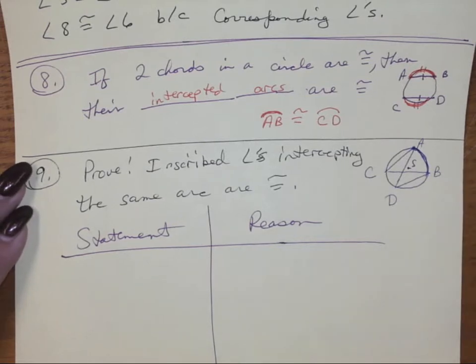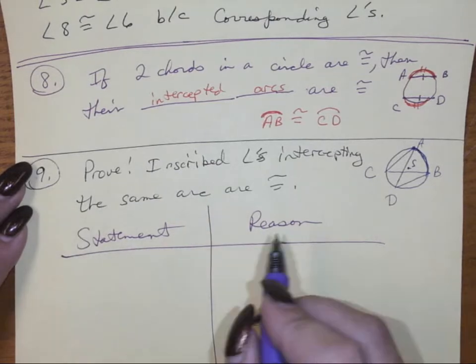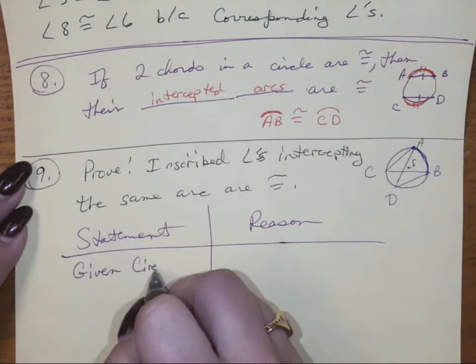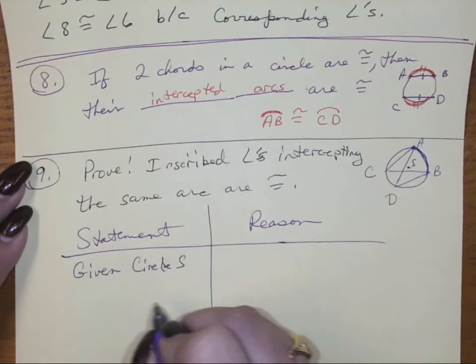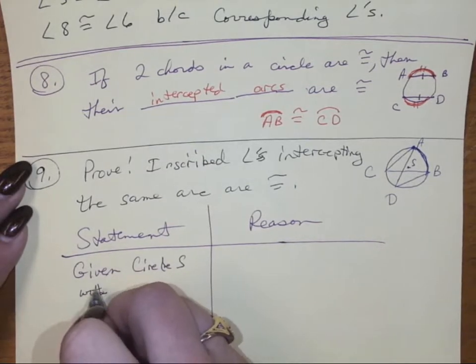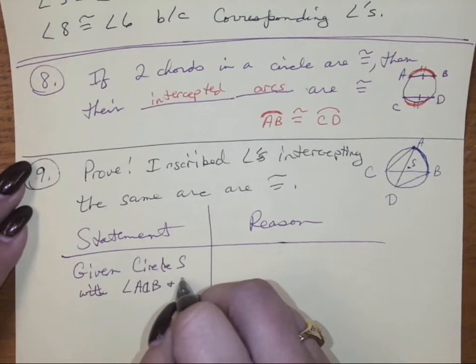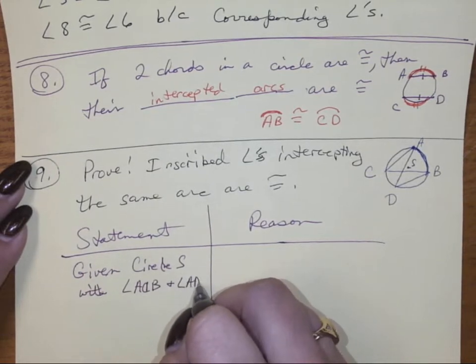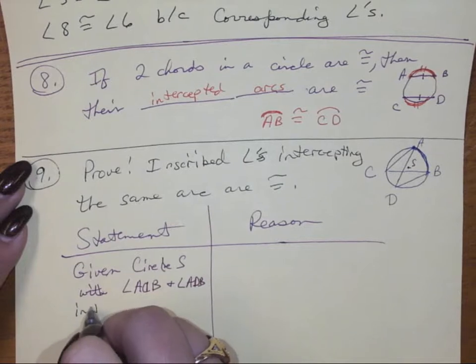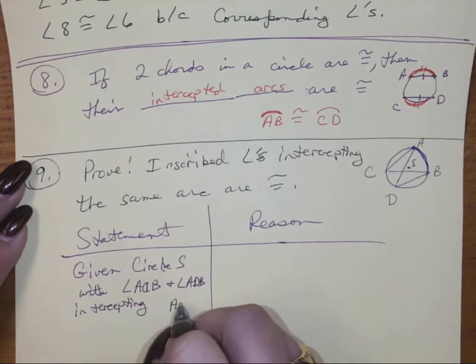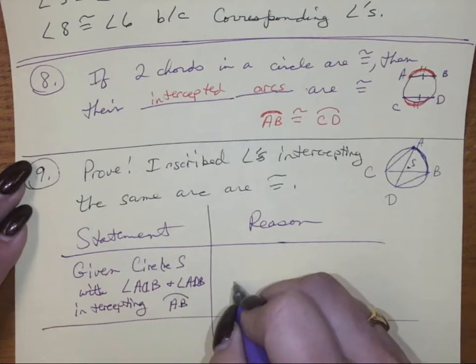So I know that, so let's start out with, we're given circle S, with angle ACB and angle ADB intercepting arc AB. That's just given.